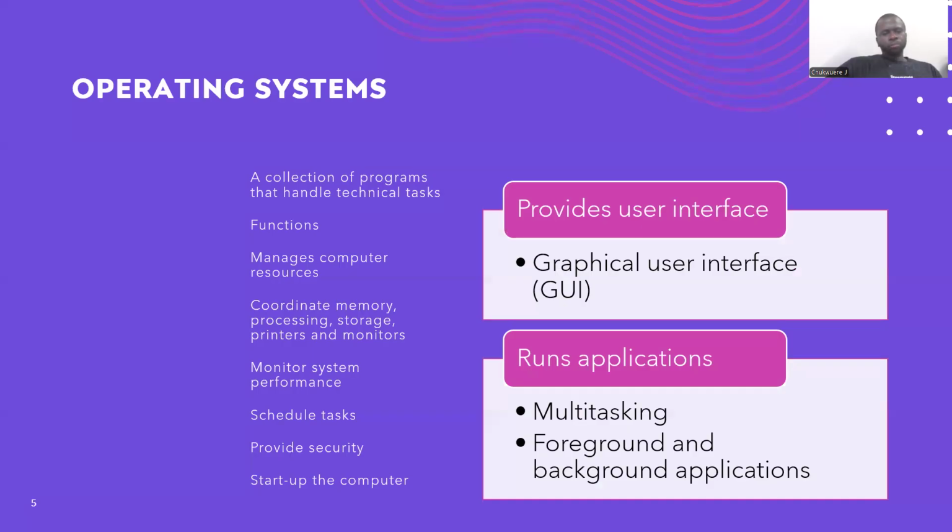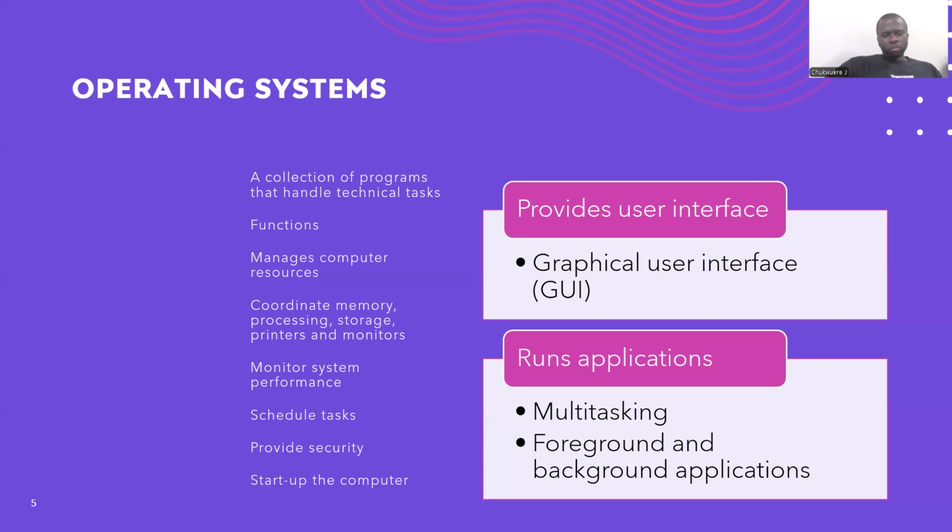in a computer. And also, the typical example of that is an operating system, right? Which is a collection of programs that handles technical tasks. The functions are what? To manage computer resources. Your typical operating system, like your Windows operating system, and so on and so forth. The function of it is to manage all those resources, all those software, all those applications on the computer and everything.